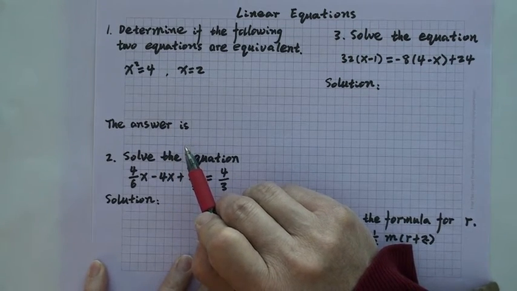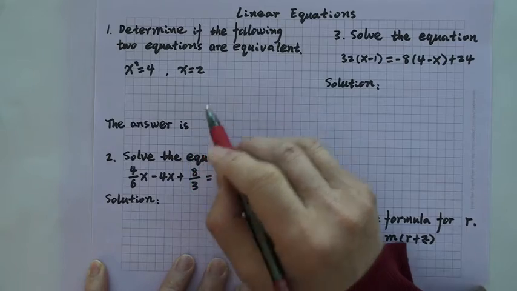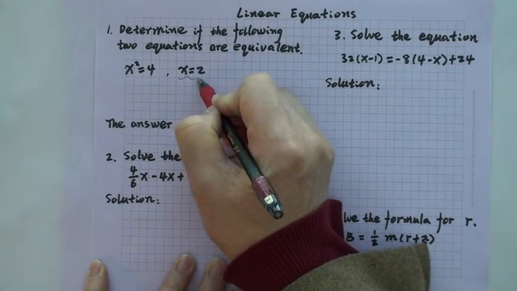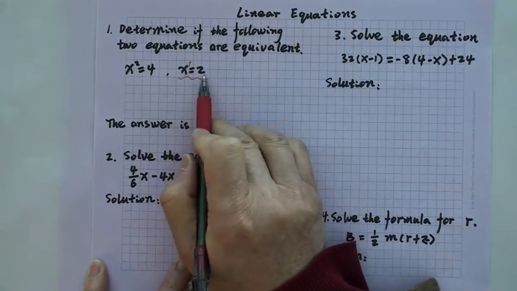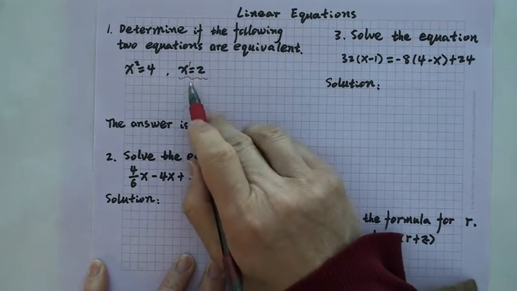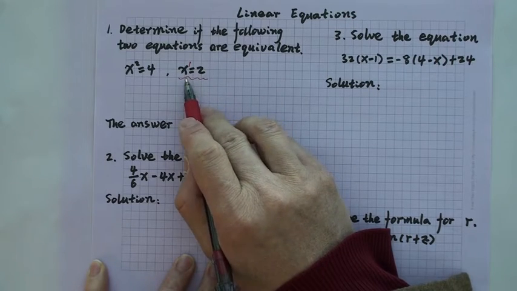Equations are equivalent if they have the same set of solutions. You can see this equation, the exponent is 1, so this is a linear equation. So x equals 2, 2 is the only solution for this one.